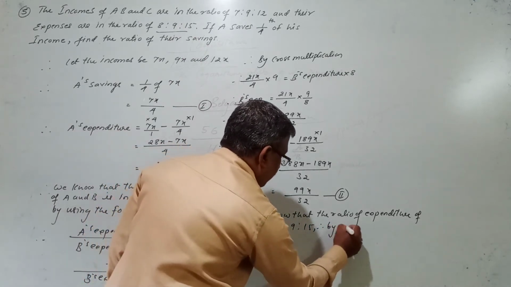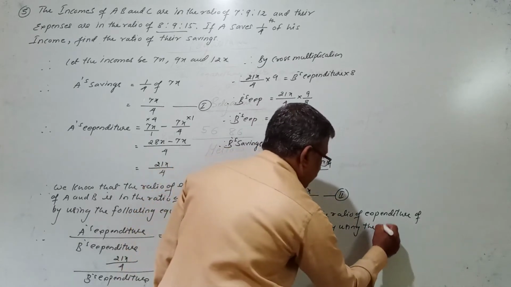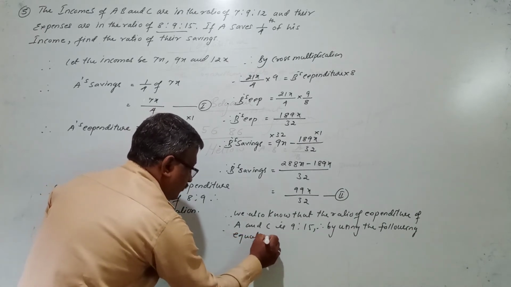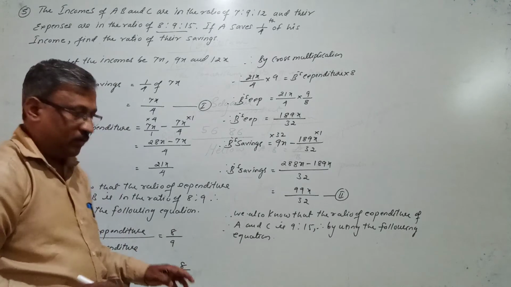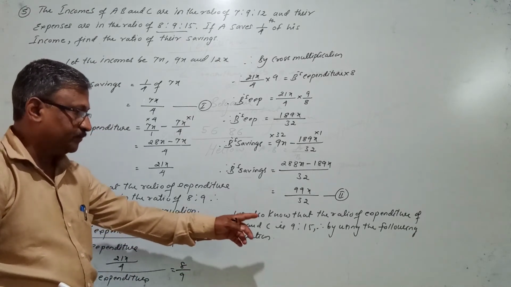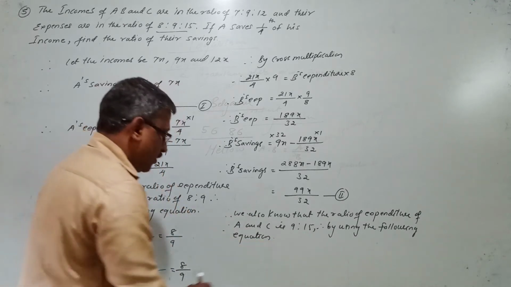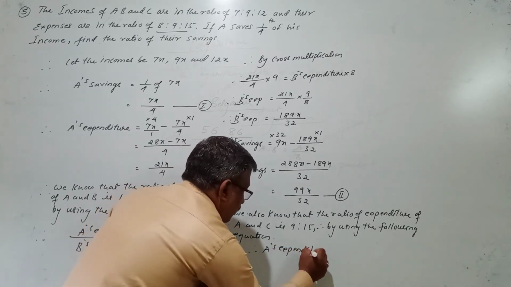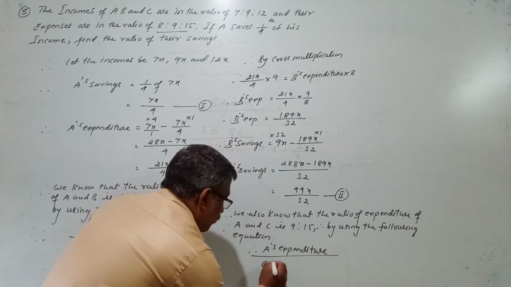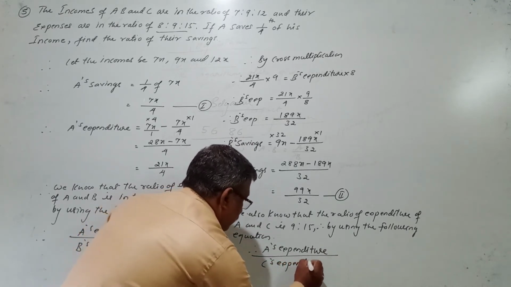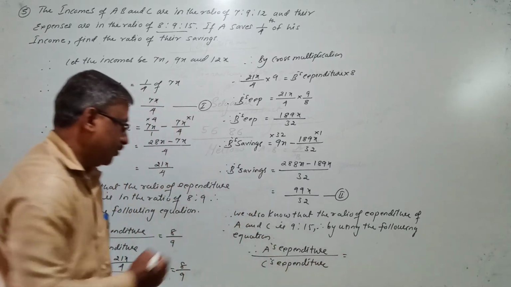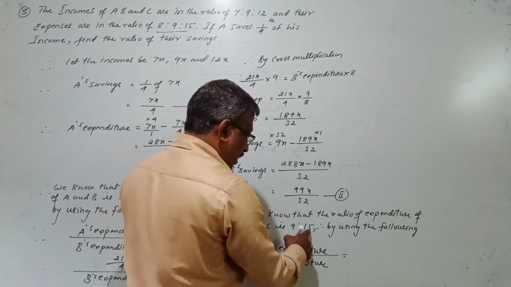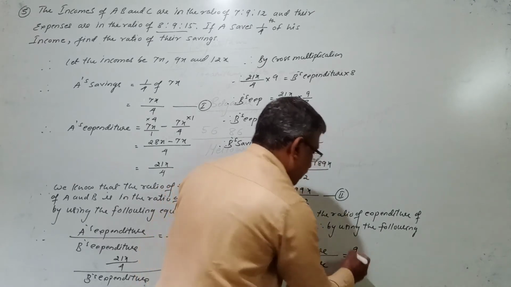Therefore, by using the following equation, you write the ratio of expenditure of A and C: A's expenditure divided by C's expenditure must be equal to 9 is to 15, that is nothing but 9 divided by 15.